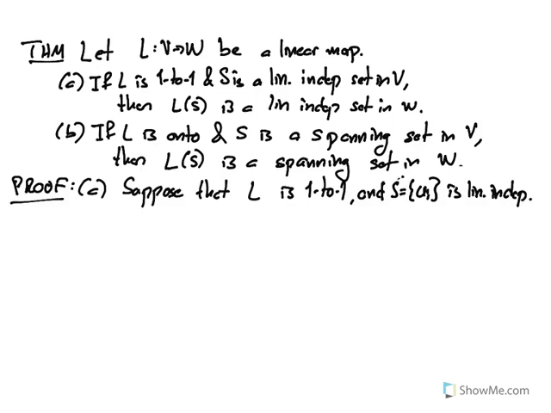Then we'll set Wi to be L of Ui, and we need to prove that the set of Wi's is a linearly independent set.